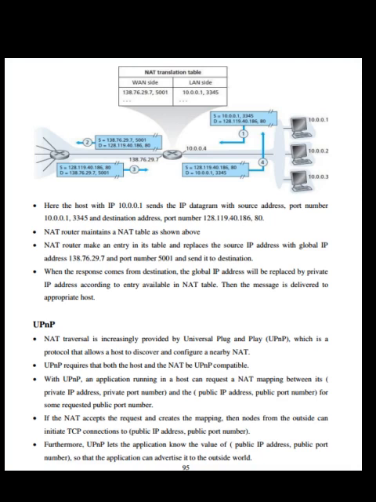If the NAT accepts the request and creates the mapping, then nodes from the outside can initiate TCP connections to the public IP address, public port number. Furthermore, UPnP lets the application know the value of the public IP address, public port number, so that the application can advertise it to the outside world.